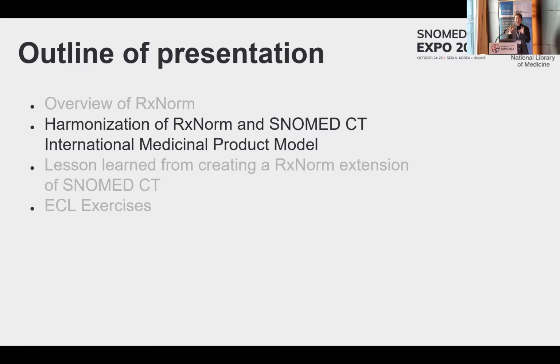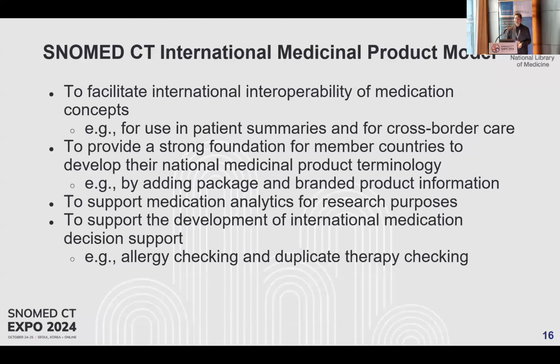So next I'll talk about the SNOMED International Medicinal Product Model and how we normalize it with the RxNorm model. The goals of the SNOMED model are to facilitate international interoperability, for example, in cross-border care and in patient summaries exchange, and so on. The second use case of this drug model is to provide a foundation for countries to develop their own medicinal product terminology, such as by adding their own information about package and branded drug information, like we have in RxNorm.